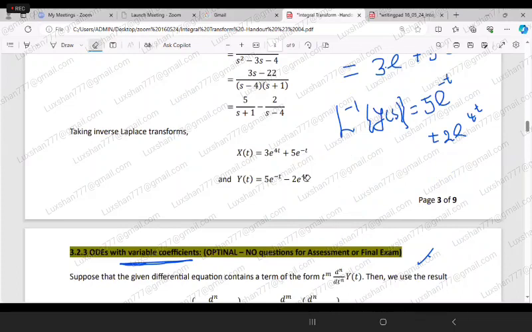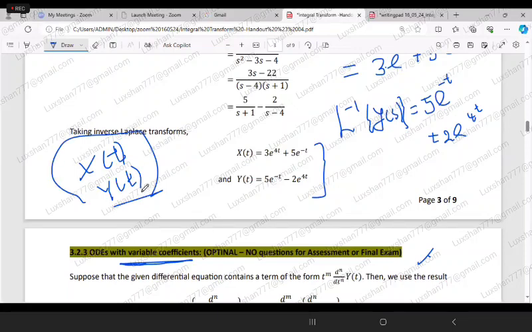So finally we get this answer, and here we are calculating capital X(t) and Y(t). Do you understand this, friends? Yes, sir. Right, that's fine.